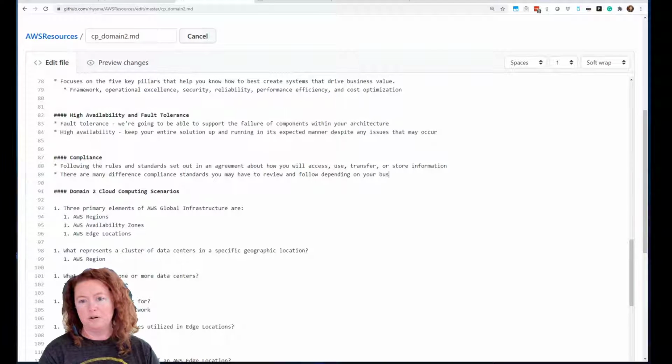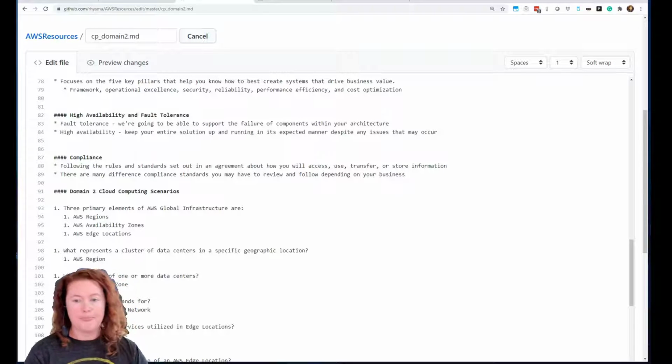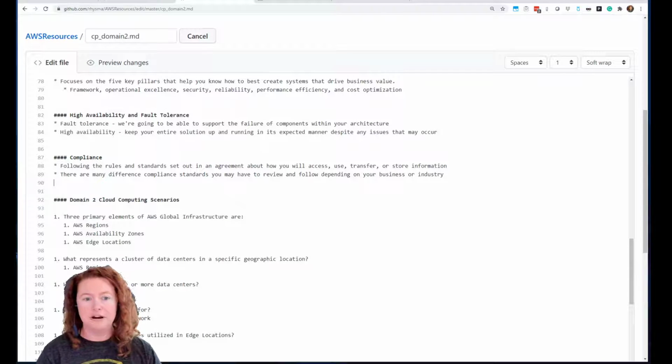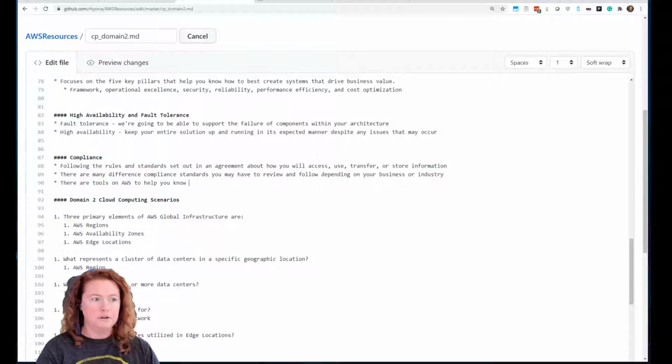Depending on your business or industry, there are many different compliance standards you may have to review and follow. And there are tools on AWS to help you navigate these compliance standards.